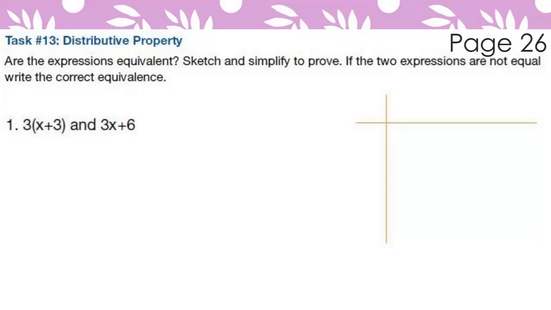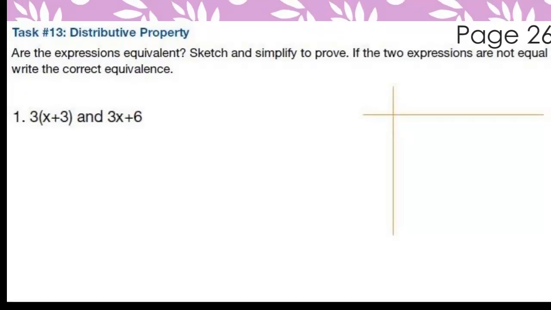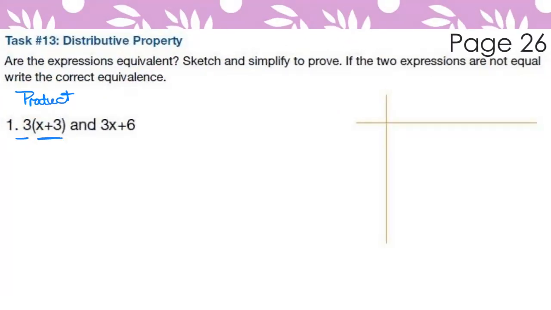Okay, so first up, we have 3 times quantity x plus 3. Okay, this is the product. This is the product one, right? So I need to show this as width times length. Width times length. Okay, I don't like how that's way over there. So if that is my common width, I'm going to put the 3 over here. It's like I'm factoring it out. Okay.